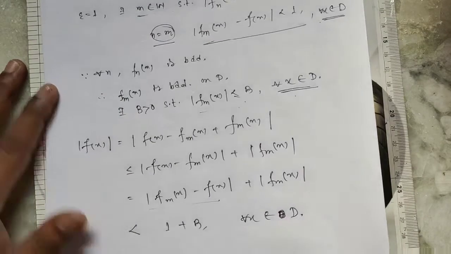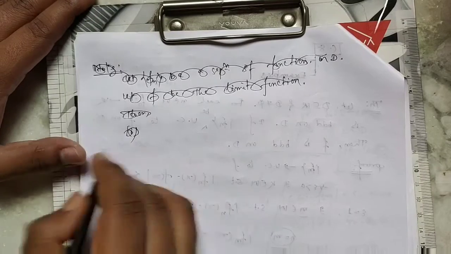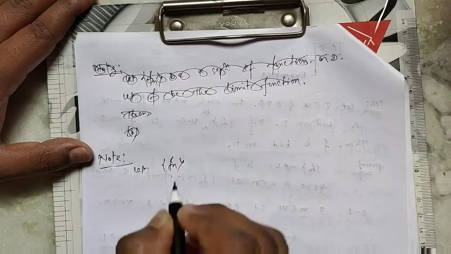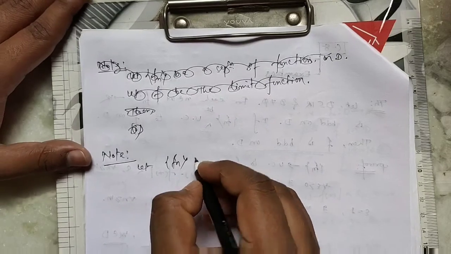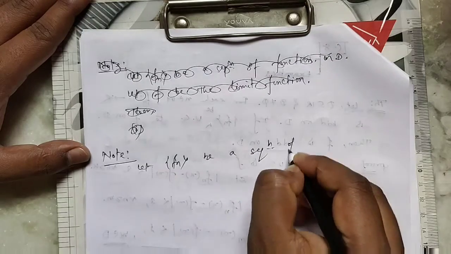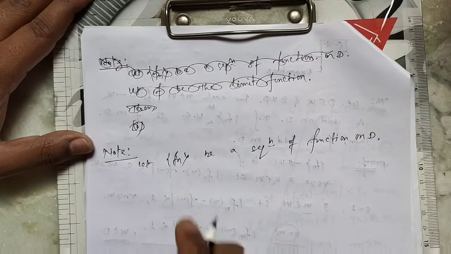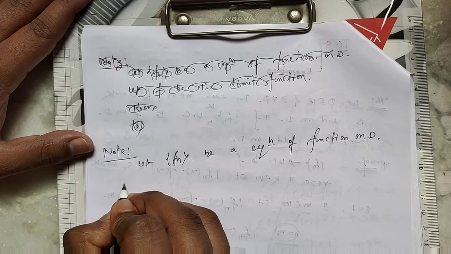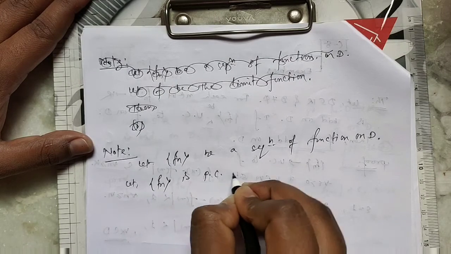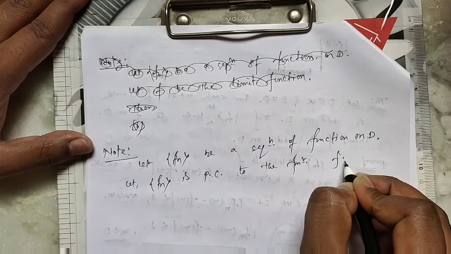Now we discuss a note. Let fn be a sequence of functions on D, and let the sequence of functions fn pointwise converge to the function f.